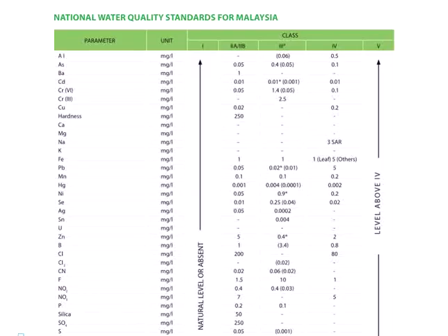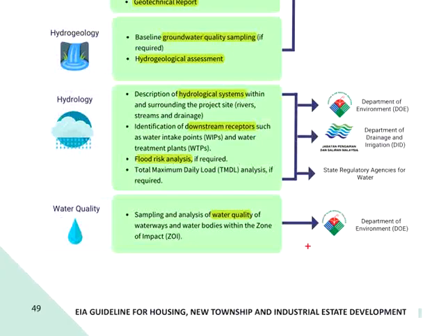And then later during the baseline study, normally you will need to get the water samples within the zone of impacts in order to have the ideas regarding the current conditions of the environment before the development.